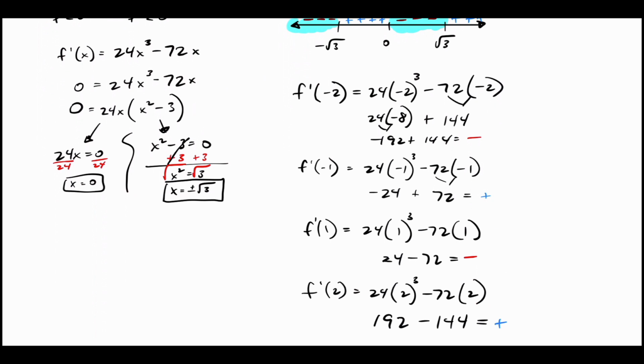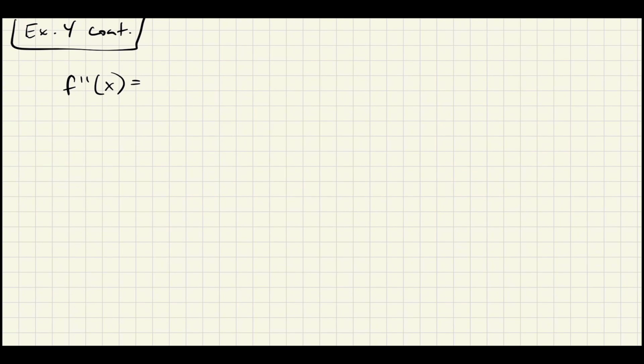Well, first derivative is right there. So 3 times 24 is going to be 72, minus 72. So 72x squared minus 72. That's the second derivative.